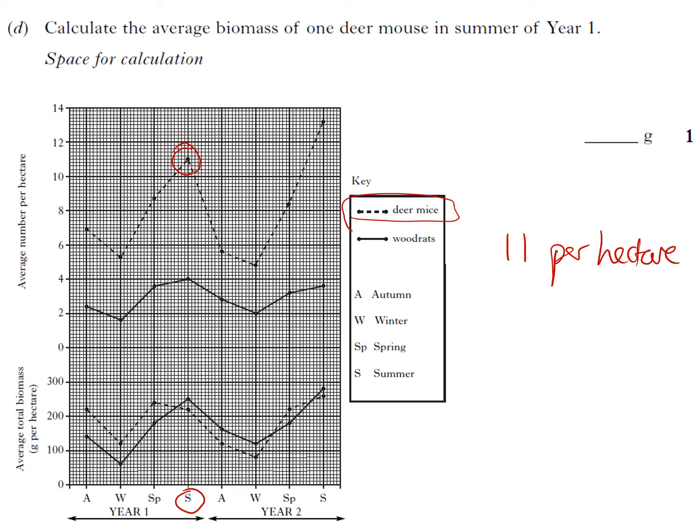And what I also have is the information that says, reading very carefully from the right place, that the average mass in total in that hectare was 220 grams per hectare. So now you just have to say, well, okay, how much must each deer mouse have weighed? If the total mass was 220, just divide that by 11 and you get that each mouse weighed 20 grams. I think it's a tricky enough question.